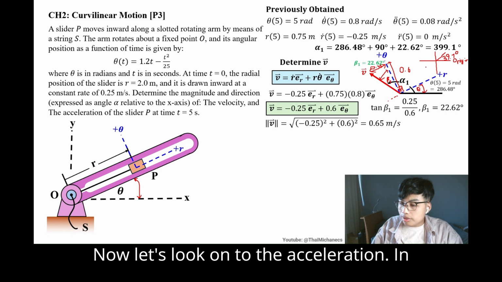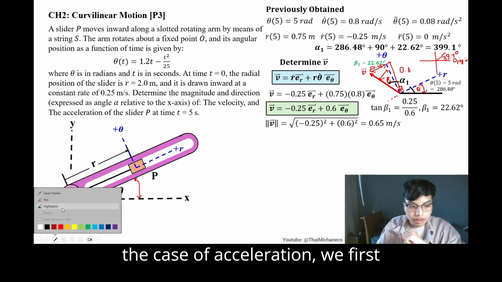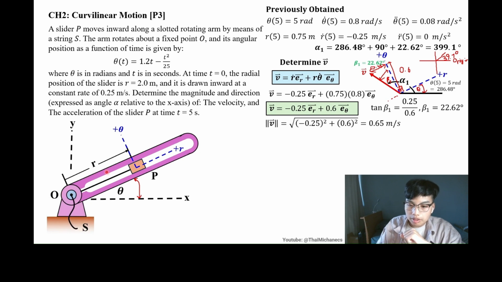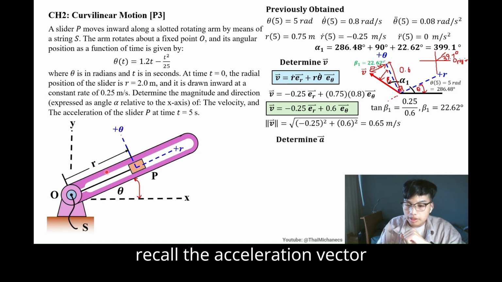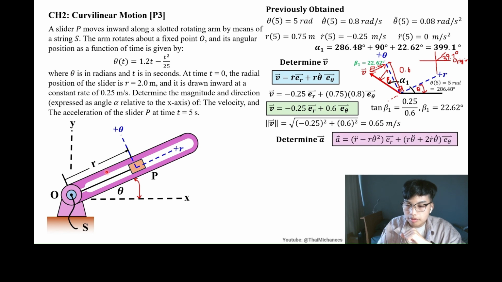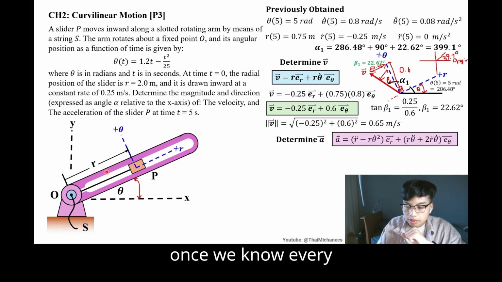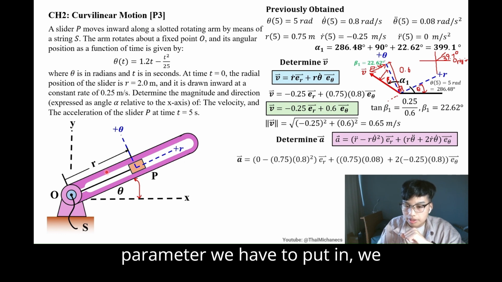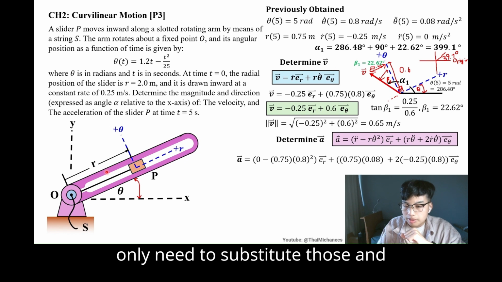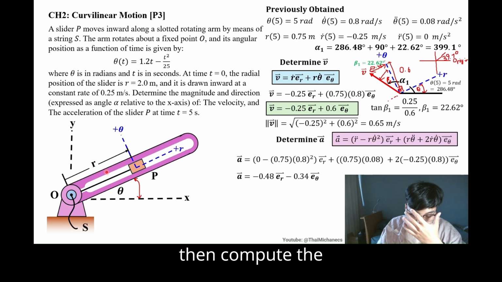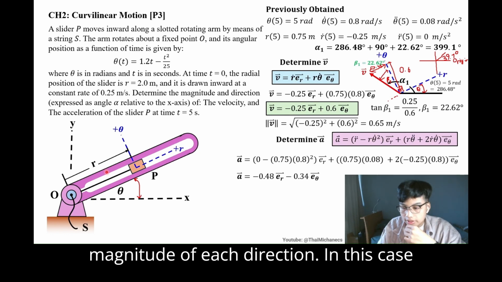Now let's look at the acceleration. In the case of acceleration, we first have to recall the acceleration vector formula from the right-hand side. Once we know every parameter we have to put in, we only need to substitute those and then compute the magnitude of each direction.